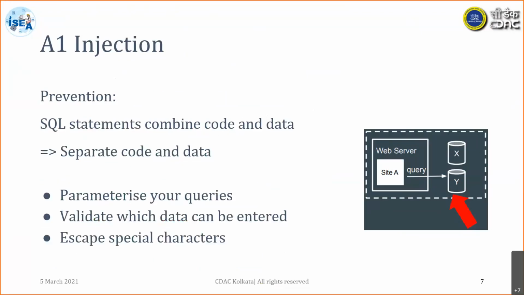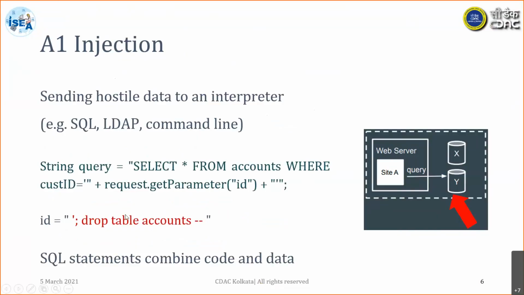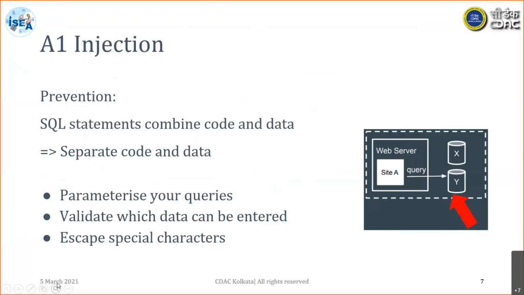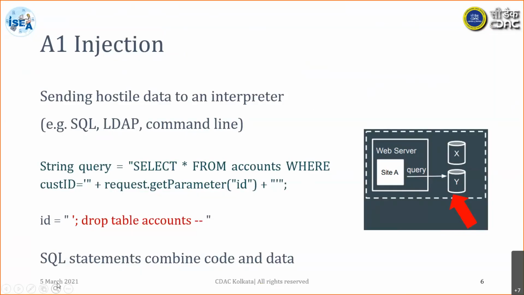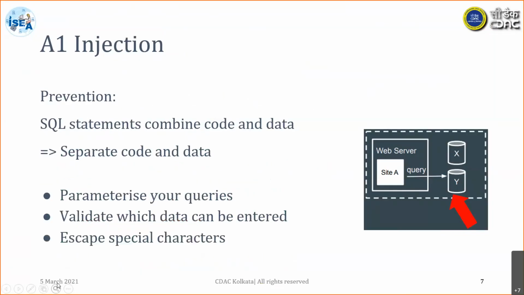So how to prevent those things? First of all, we have to separate the code and data. For SQL injection, it is mandatory to use parameterized queries. In the previous section, you can see that request.getParameter is written in Java or a similar type of application, and parameterized query is not used.